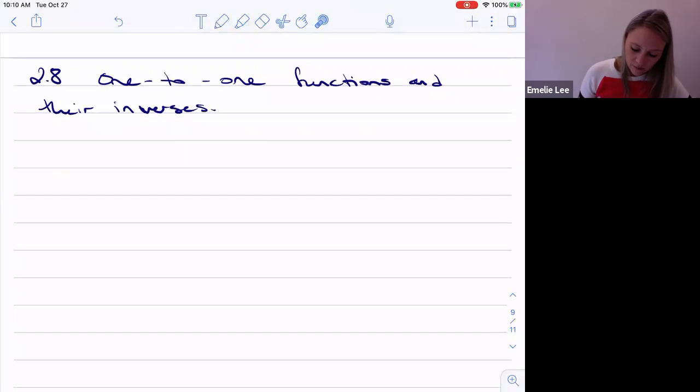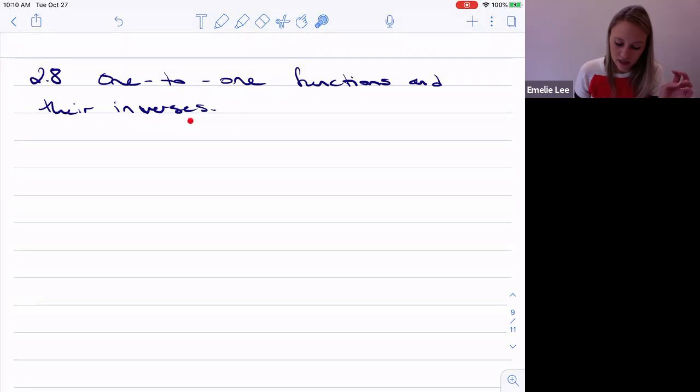So one key thing is, we're going to talk about the inverse of a function, which, in the simplest case, you just invert it, but the inverse of a function is actually a little bit more complicated than that. So we're going to try to find the inverse of a function.